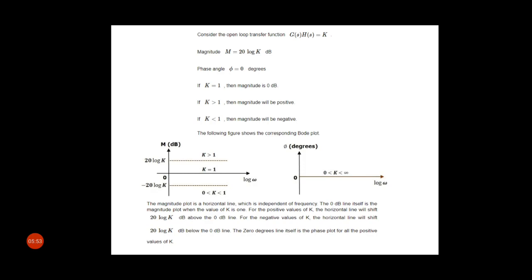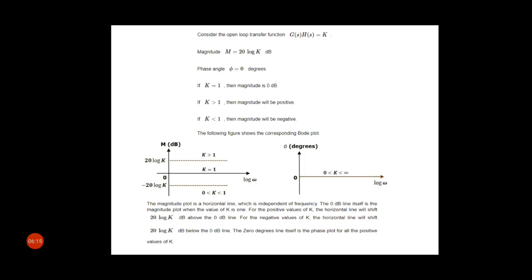Now put the values in the graph, that means in log paper, and our graph will be like this. If K equals 1, then our magnitude is 0 dB, that means this.